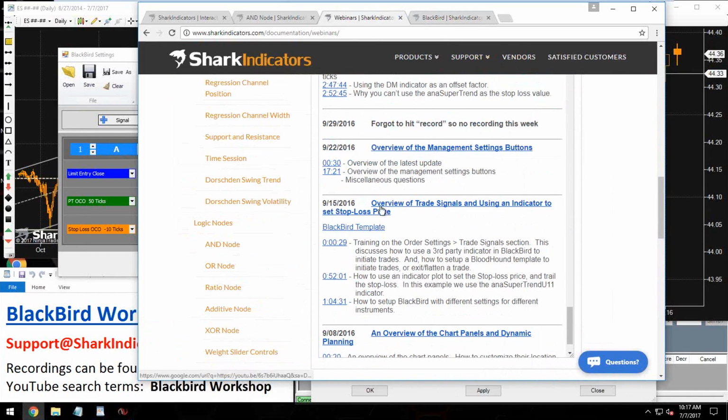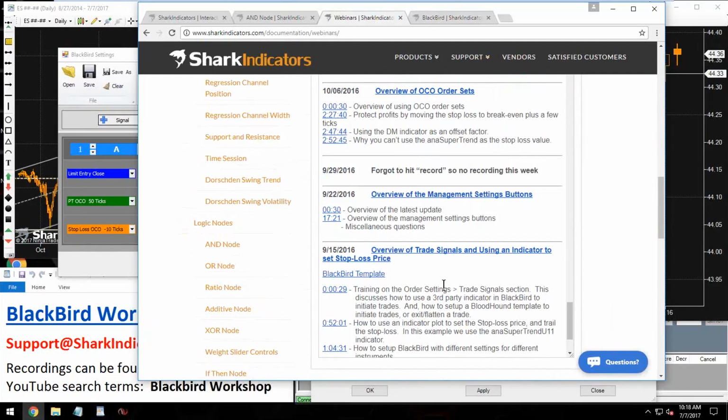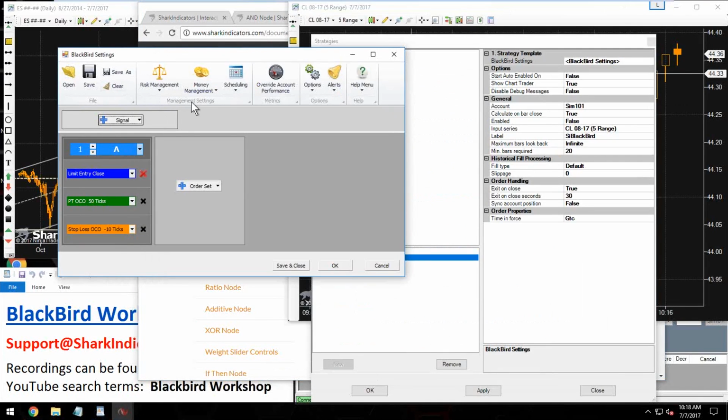And then the second video here is how to use trade signals and how to use an indicator to set your stop loss price. And then the third video, the management settings buttons. Right here, you can see it says management settings in light gray.